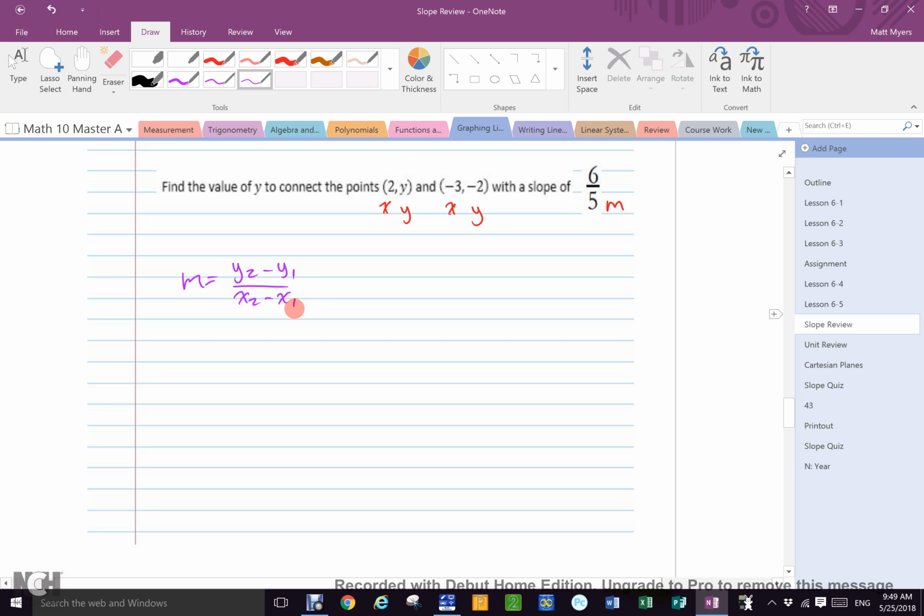Y goes to y2, y plus 2. Why is it plus 2? I can see right there it says negative 2. Why am I writing plus 2 here? There's a negative there too. Right. Minus a negative is addition. And the x's, 2 plus 3. And what goes in for slope? 6 over 5.